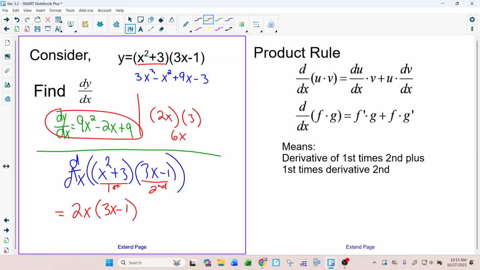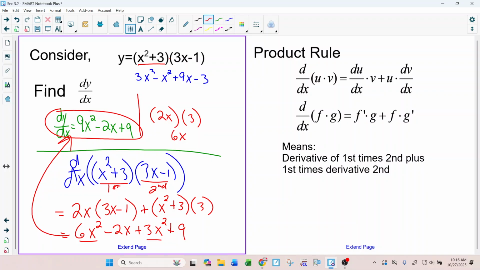So you take the derivative of the first one, and the second one just stays exactly the same. Plus the first times the derivative of the second, which is 3. Now, if I was to multiply that out, I get 6x squared minus 2x plus 3x squared plus 9. And you can see if I combined that, we get to that up there. So that is our product rule. Derivative of the first times the second plus the first times derivative of the second.